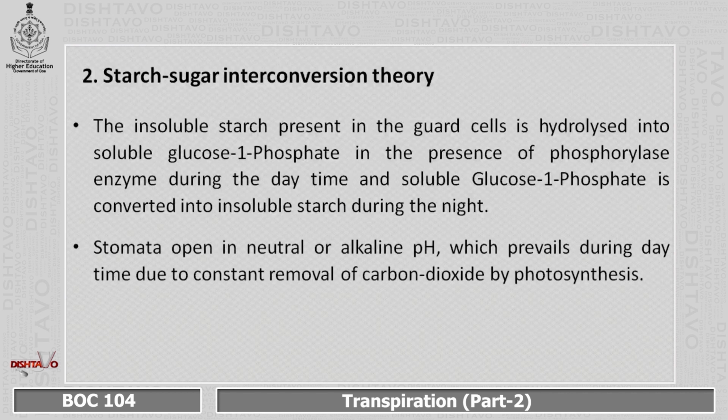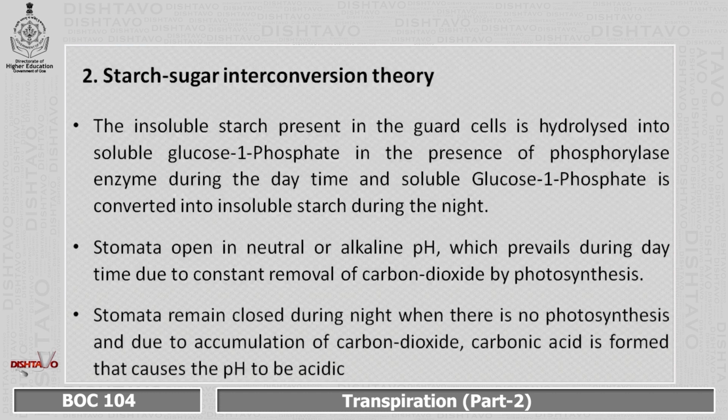Stomata open in neutral or alkaline pH, which prevails during the daytime due to constant removal of carbon dioxide by photosynthesis. Stomata remain closed during the night when there is no photosynthesis, and due to the accumulation of carbon dioxide, carbonic acid is formed that causes the pH to be acidic.